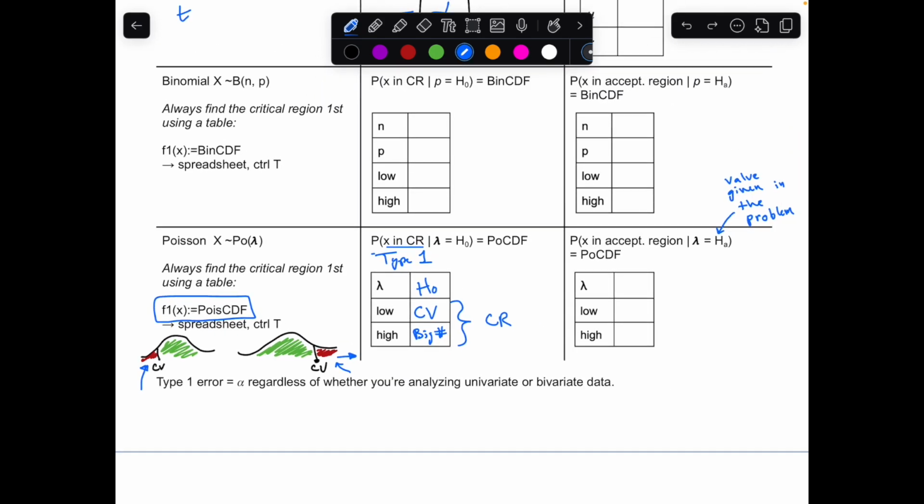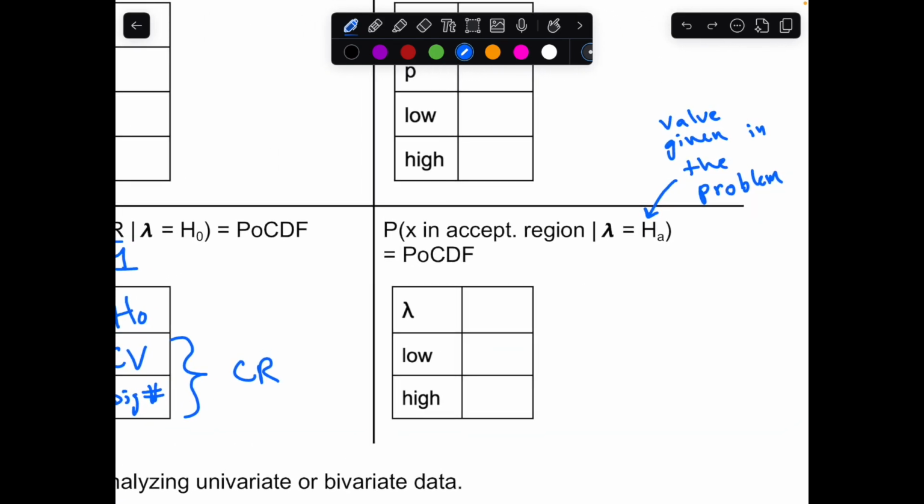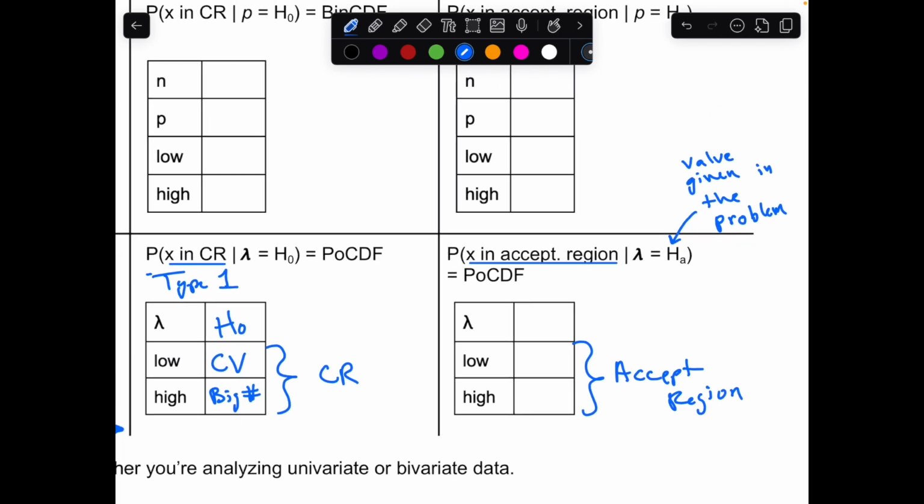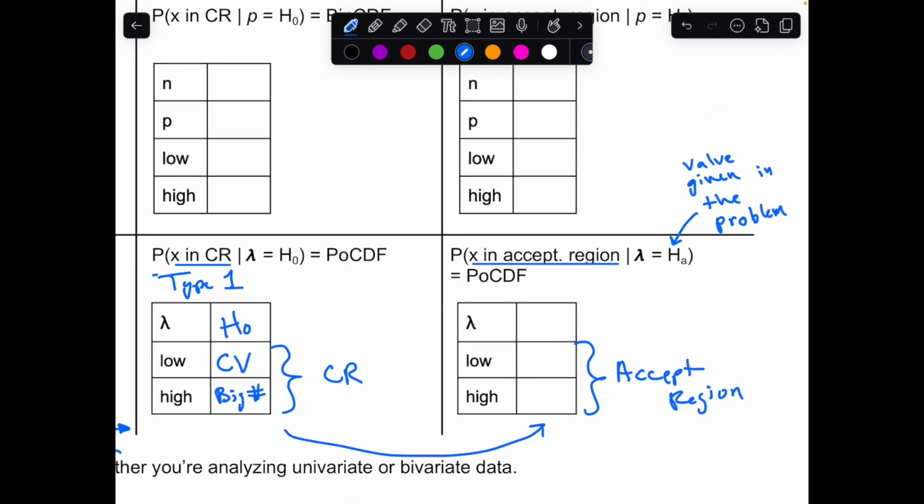For calculating the probability of a type 2 error, in IB math we are going to find the probability that the sample fell into the acceptance region. And so that's going to be essentially the complement of your critical region.